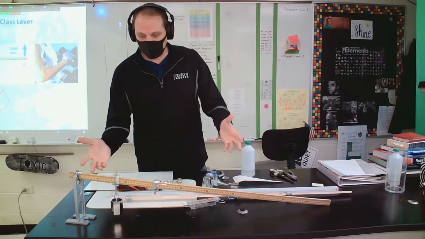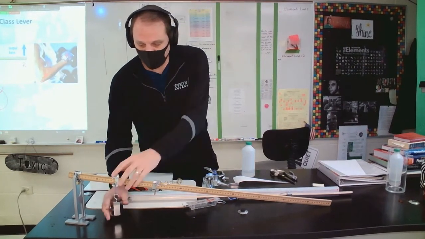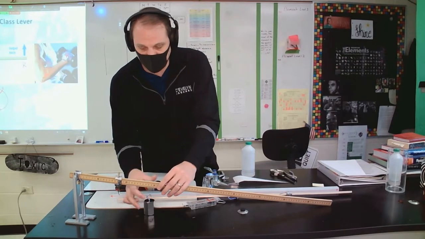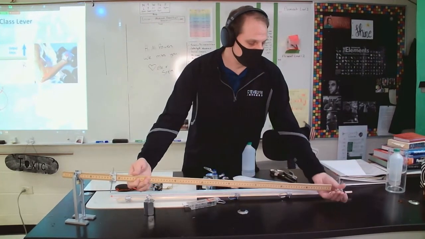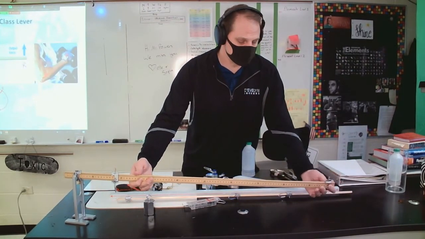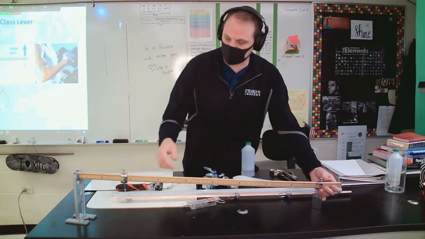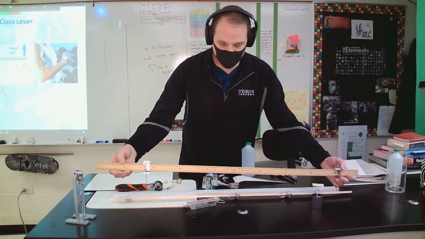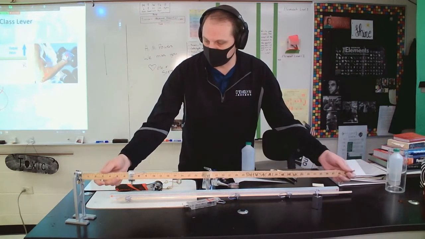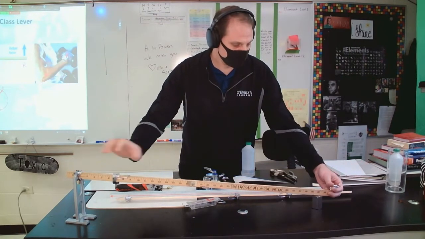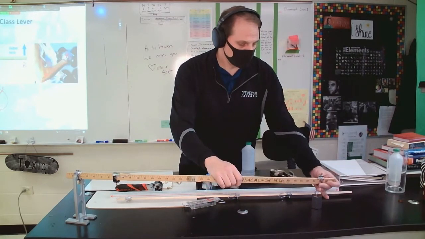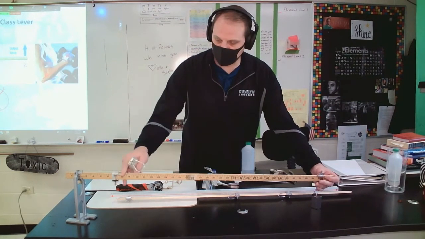So what does that look like here? Well, we know our fulcrum is going to be at one end, but now our resistance is going to be over here at the end, and my effort is going to have to be in the middle. Okay, oops, let's turn that around. Okay, so now this is kind of interesting.